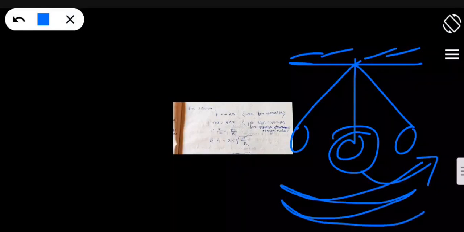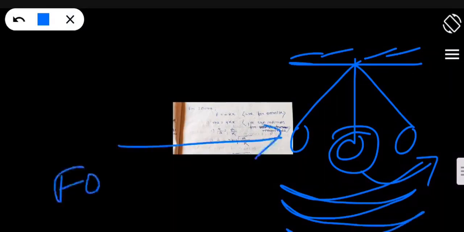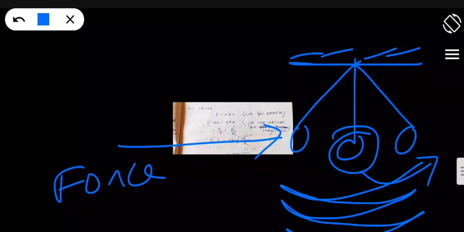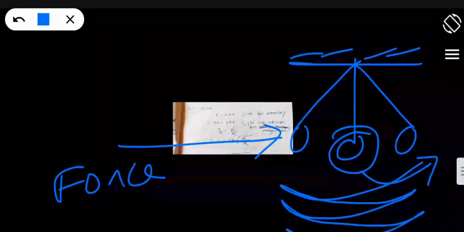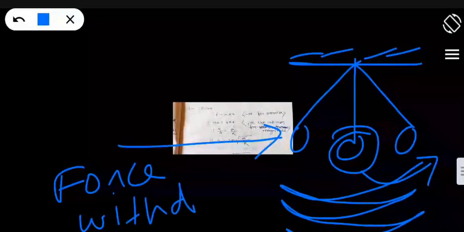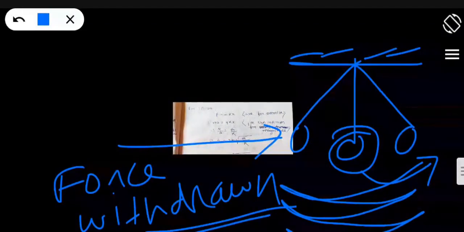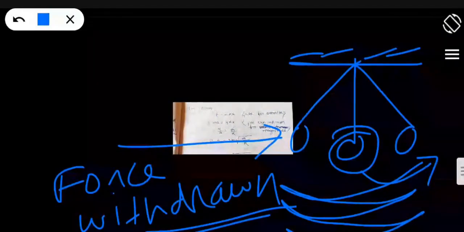When he leaves, then an oscillation will take place. That kind of oscillation where the force is withdrawn: he applied the force, and after that he left his hand. After that, the force is withdrawn.